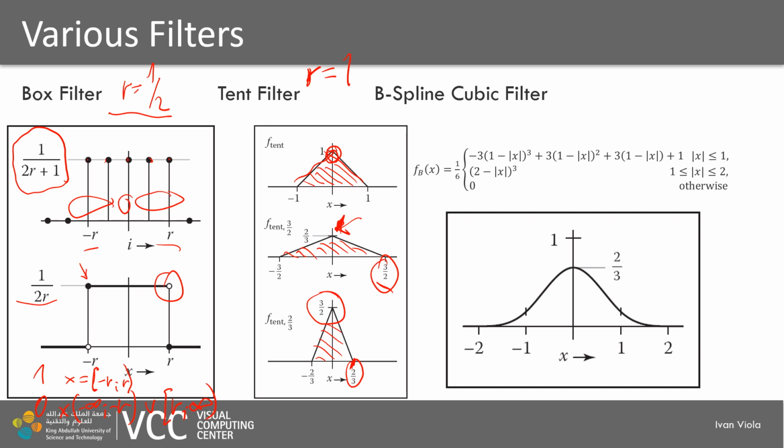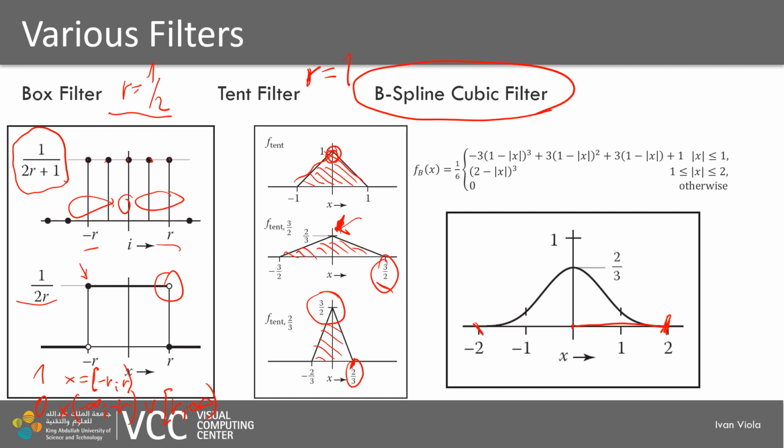And here we have the cubic B-spline filter, which we described already before. You can see that its radius is actually 2, so it is defined such that potentially 4 different integer values, values at the sampled locations, can contribute to the reconstructed value.